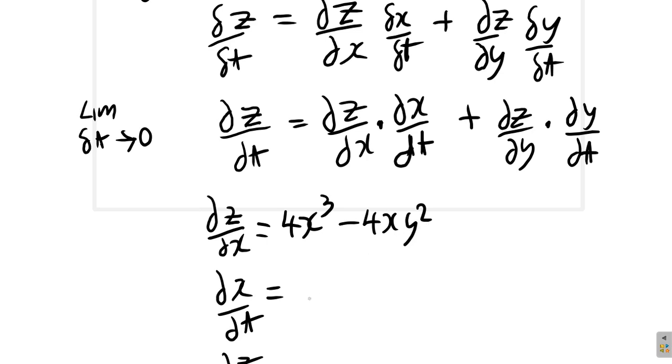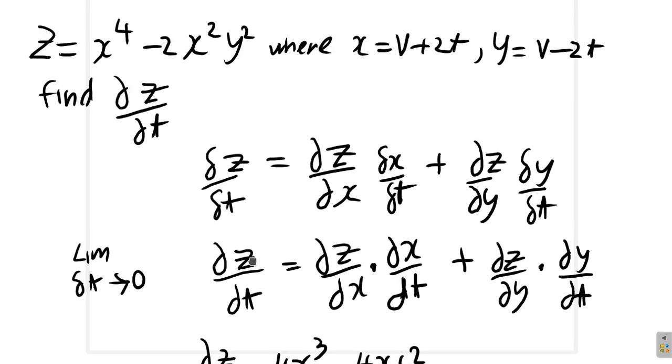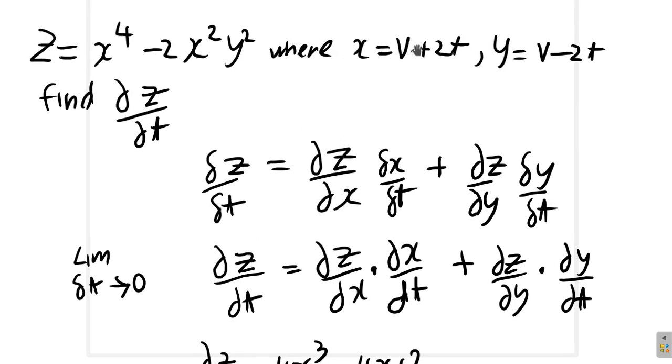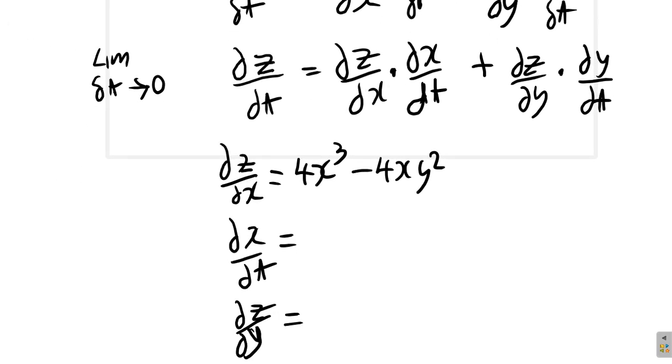Alright. Partial of x with respect to t. What is that? Well, this will be 2, and we consider v as a constant, alright? So this is going to be just 2. So partial of x with respect to t is 2.